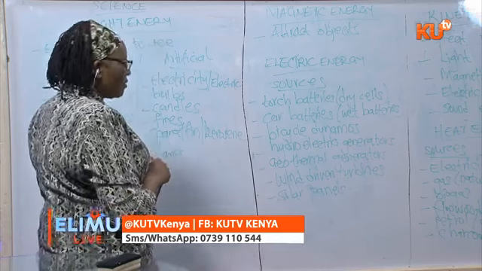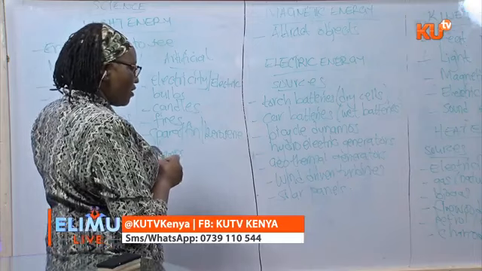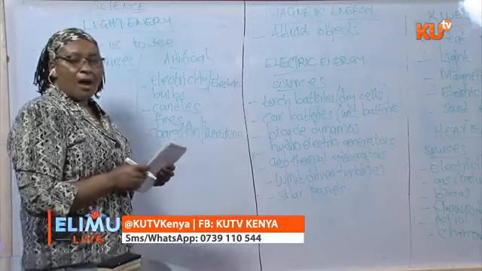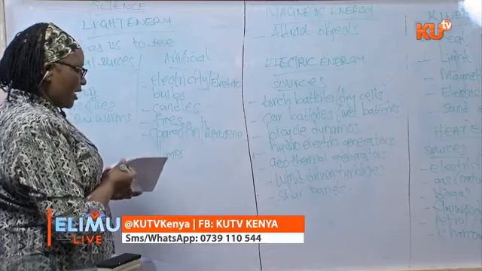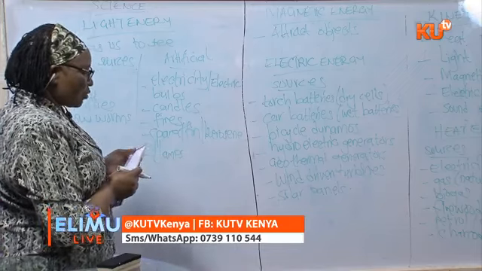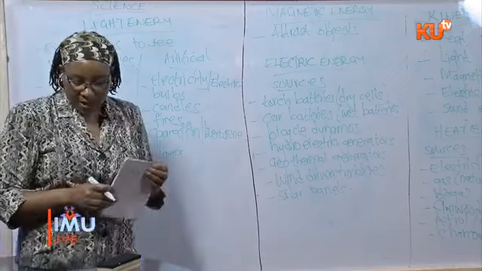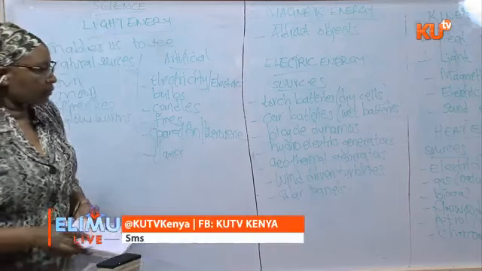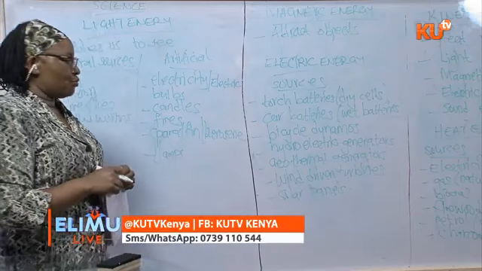Then the same case applies to wind-driven turbines. We have the turbines. Turbines make the wind to move very fast and create some electric energy. The same case applies to solar panels. They absorb the light from the sun and turn these into electric energy.